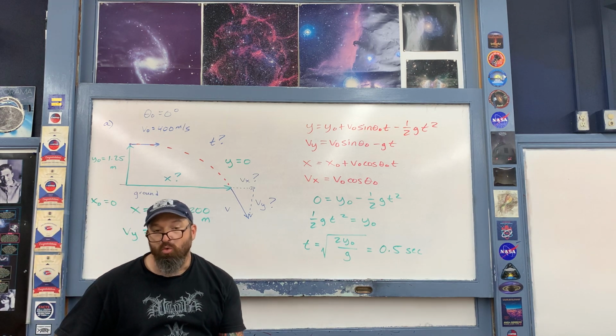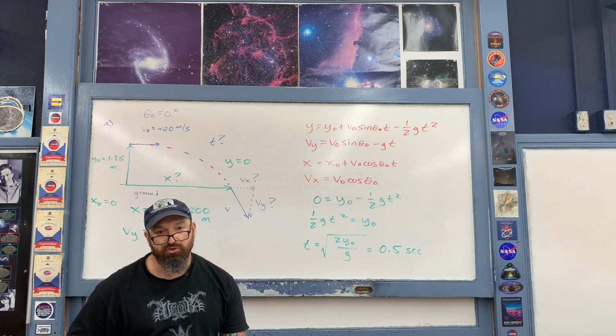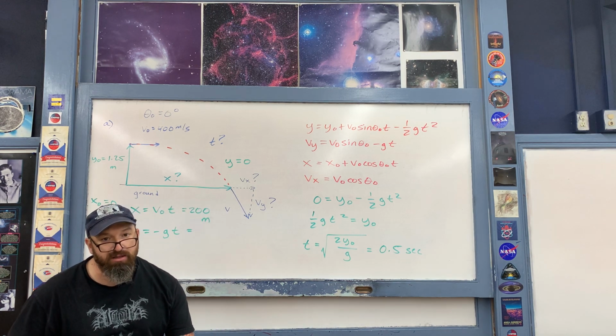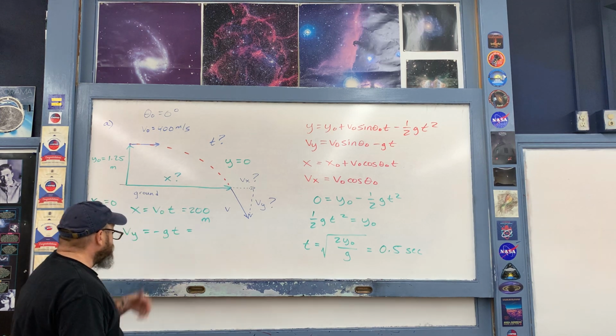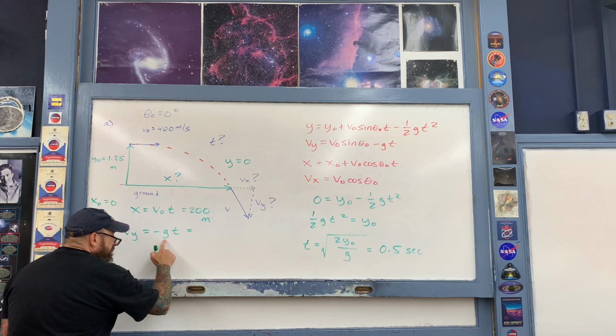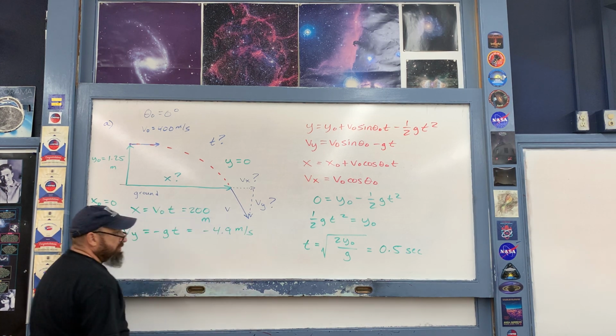We saw that back in one-dimensional cases in chapter 2, once again for an object that was dropped from rest. We'll revisit that in part B of the problem in just a few moments. But for now, let's calculate this. This is negative 9.8 multiplied by a half a second. This is negative 4.9 meters per second.